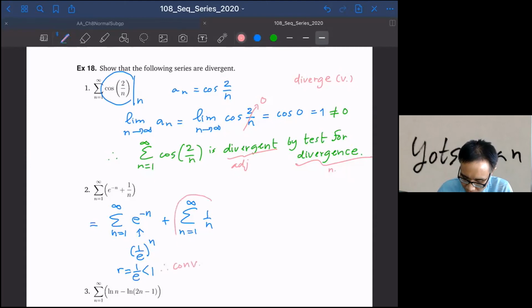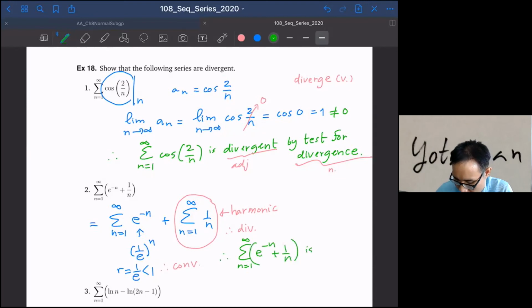And for this one, it is the harmonic series. It is divergent. So you have convergent plus divergent, so you can conclude that the sum of e to the negative n plus 1 over n is divergent. So that is called the test for divergence.